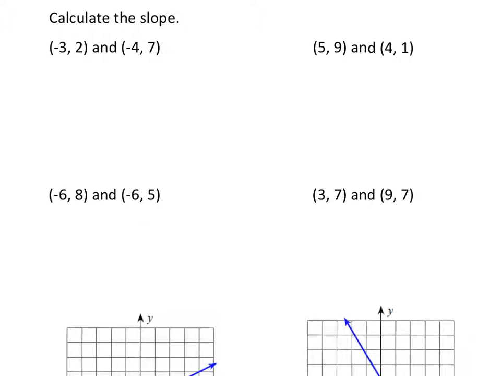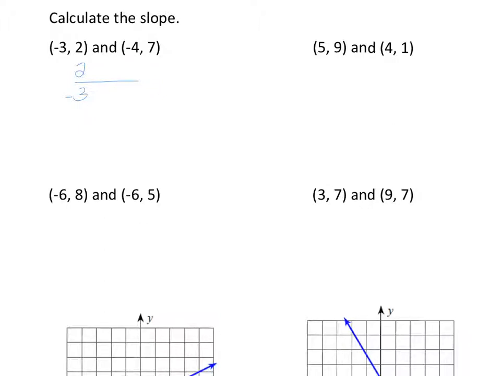We have (-3, 2) and (-4, 7), and we want to know what is the slope between these 2 points. So these 2 points are on the same line, and we want to know how far apart they are. What is that ratio of the slope? In order to do that, we take our first coordinate, 2 and -3.